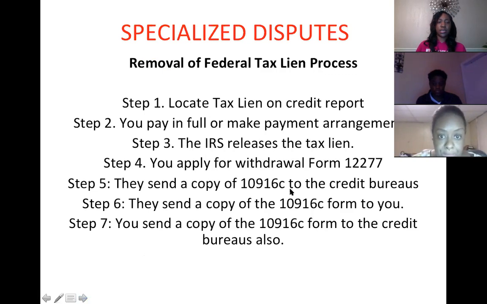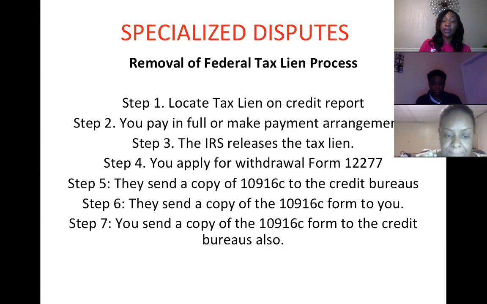Here's the process right here. You locate the tax lien on the credit report. If they can pay it in full, that's perfectly fine, or they're making payment arrangements, the IRS will release the tax lien. You're going to apply for withdrawal form 12277.